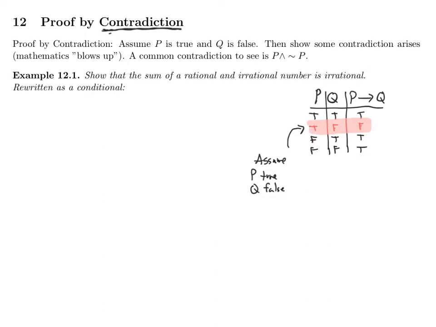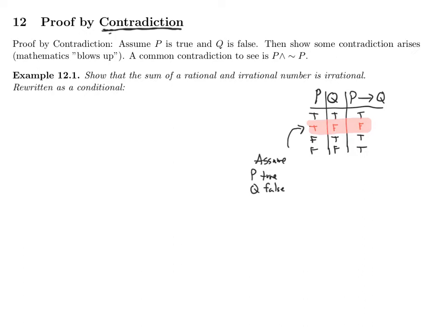So we'll run into some contradiction somewhere. And a common one you'll see is you'll find some property is true and that property is not true. And that's the most likely contradiction that you'll see. But let me show you an example so we can see how this works.